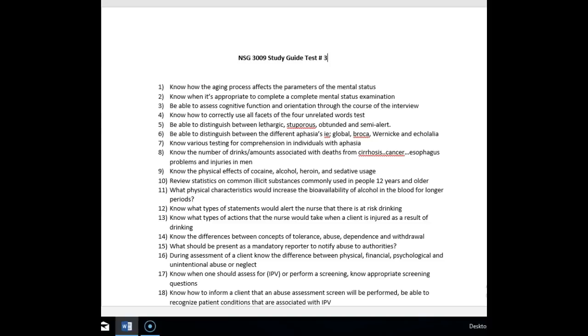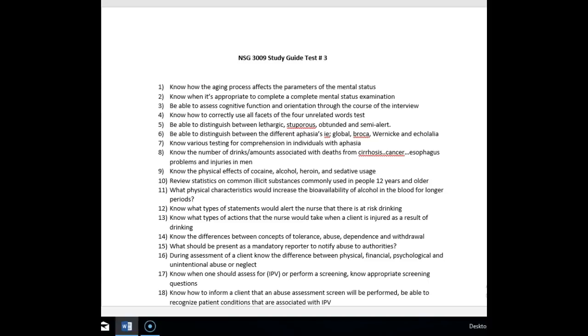Be able to distinguish between lethargic, stuporous, obtunded, and semi-alert. As we know, a person who is alert is awake, readily and easily aroused, and fully oriented. So for a person to be lethargic, they're not fully alert.